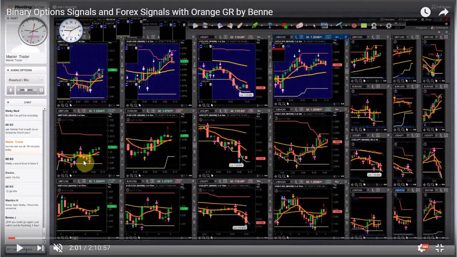So the orange road on the 5 and 15, are they also correlating? In this extreme moment, yeah, they are. The 5-minute here is obviously pointing up. Here it's a little bit flat, but nevertheless pointing up. So that's the next thing I look at. It's pointing up.